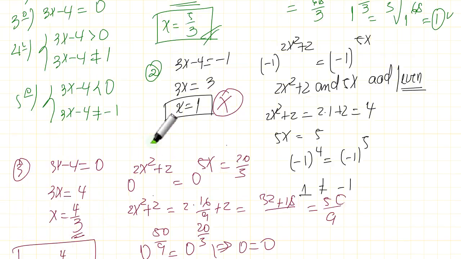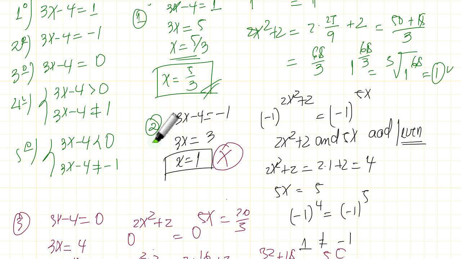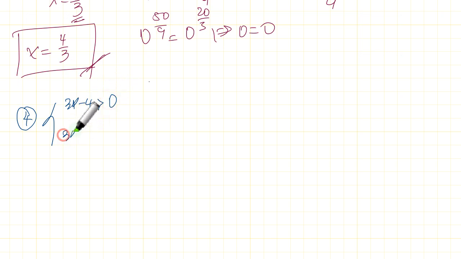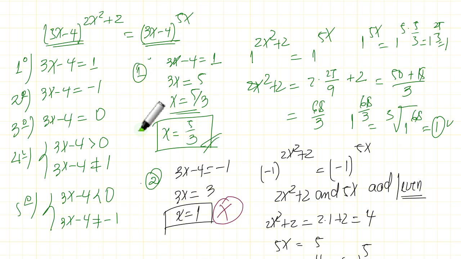Okay, now let's go to the case number 4, right? In our case number 4, we have that 3x minus 4 has to be greater than 0 and also different from 1, right? So if it is greater than 0 and different from 1, it means that we can cancel.